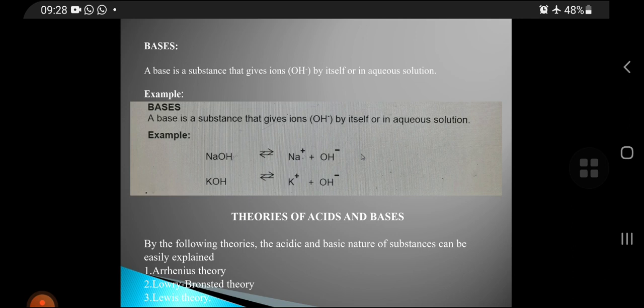So, in the general introduction of the acid-base concept, we explained that any substance or compound produces ions, and that only depends upon acid or base character. The general introduction to acid and base depends upon the ionic character, positive ion or negative ion.